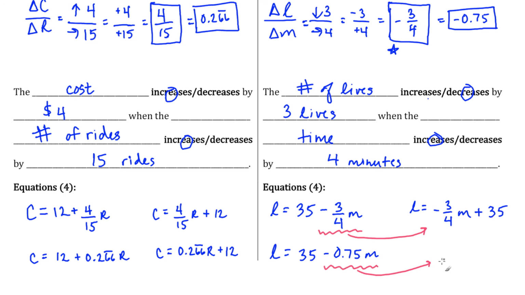And then L equals negative 0.75 m, positive 35, so plus 35. Cool. So that's it. Thank you.